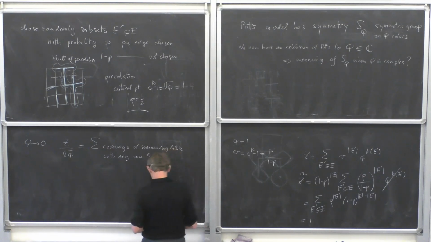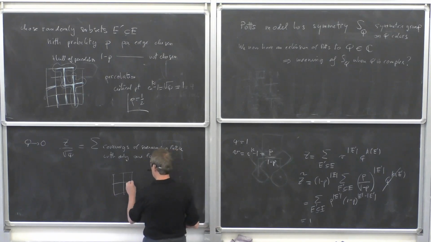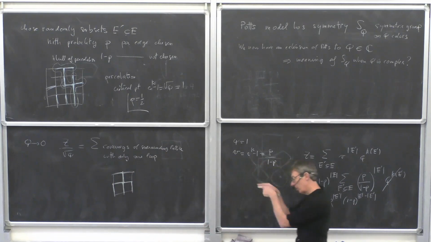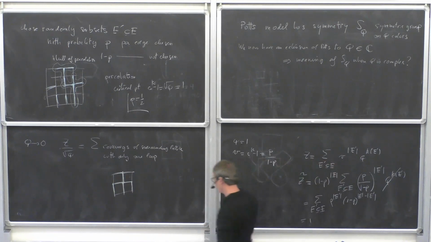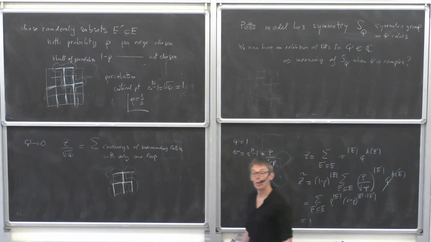Well, if I want only one loop, I have to be very, very careful. I cannot have any cycles in my graphs. And then I must cover every vertex, because if I don't cover a vertex, it's going to be surrounded by one loop. So what I'm going to get are trees. And then there'll be only one loop.